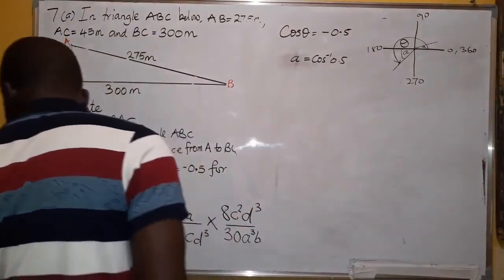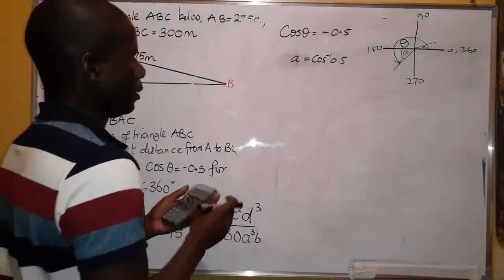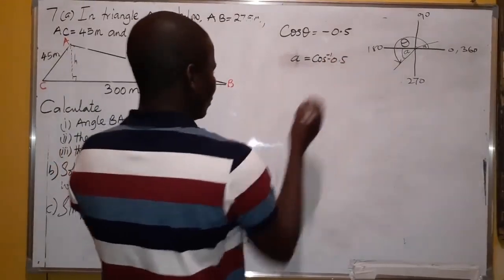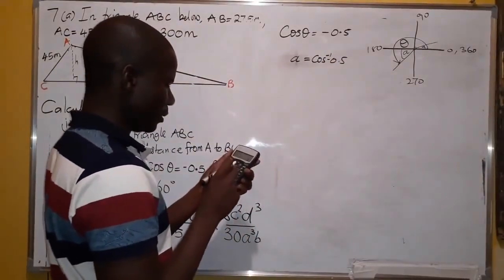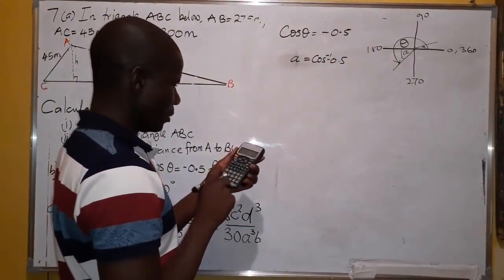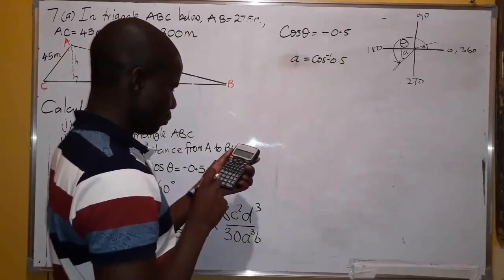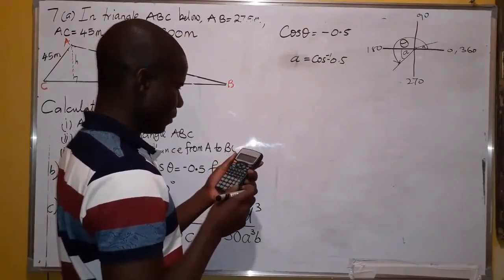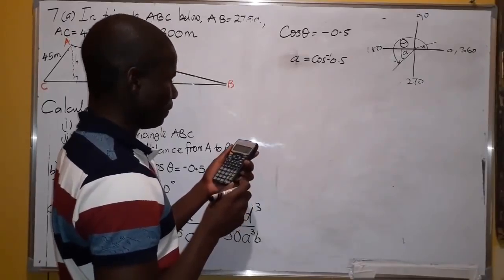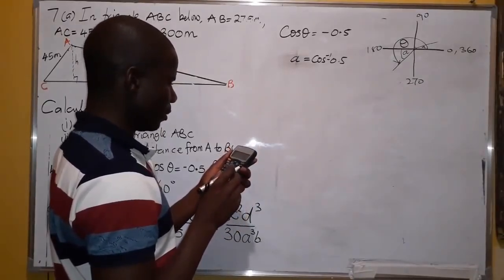All right. Oh, this is a negative. Take note, take note, take note. Okay, so this is inverse cos, then 0.5. Okay, that is what we are going to get.